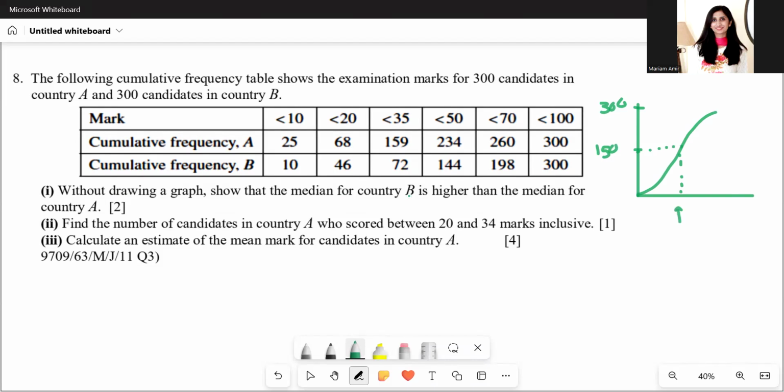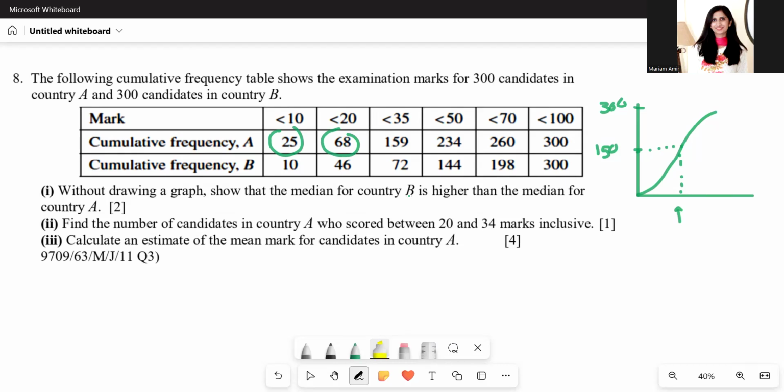So let's look where we can find 150 in both cumulative frequency A and cumulative frequency B. These are the first 25 values, then the next 68 values. That's not in total 150. Where will we get 150? 150 will be somewhere less than these 159 values, but somewhere more than these 68 values.